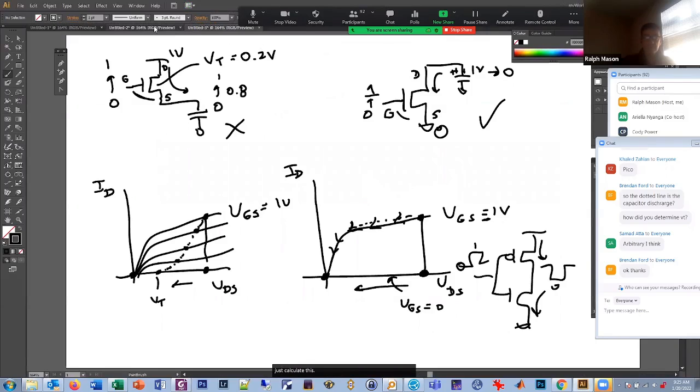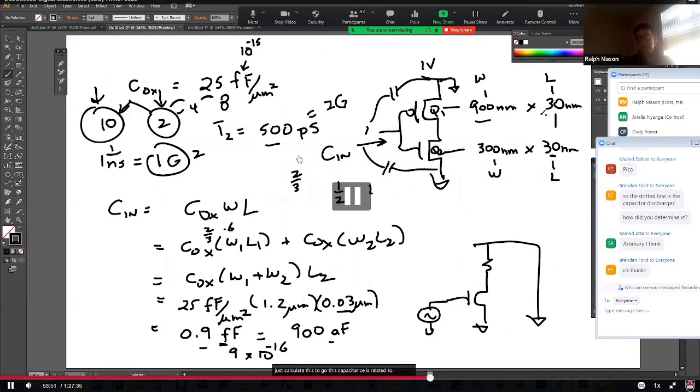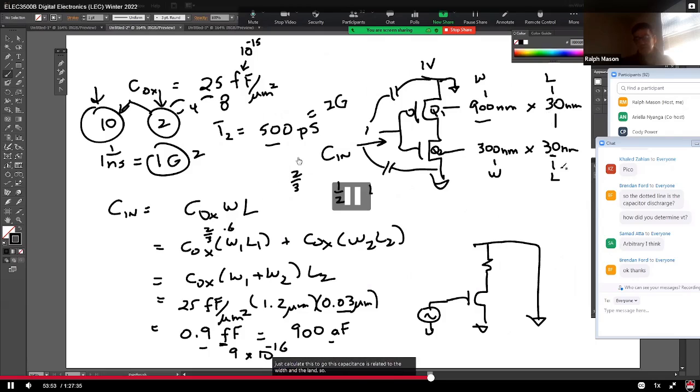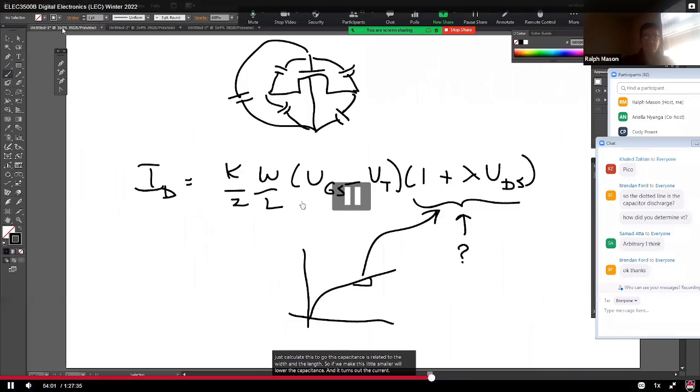This capacitance is related to the width and the length. So if we make this length smaller, we'll lower the capacitance. And it turns out the current, which we calculate here, is really inversely related to the length. So if we make the length smaller, the current will go up. So smaller length means smaller capacitance and more current, which means faster and lower power.